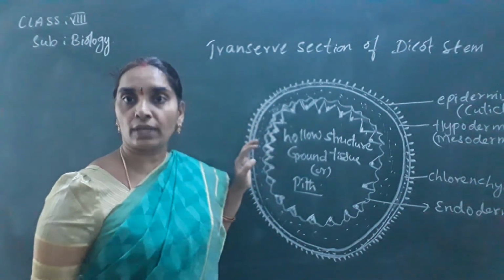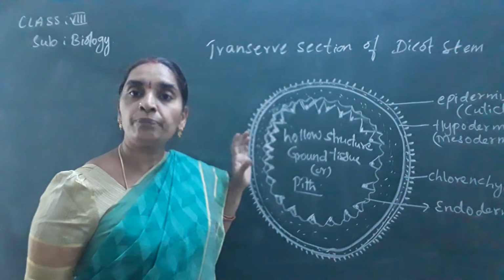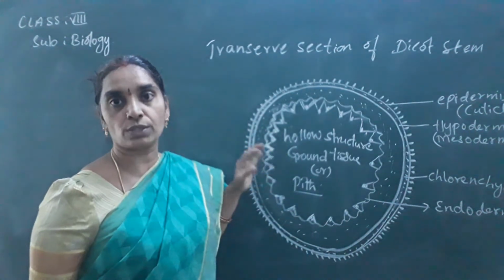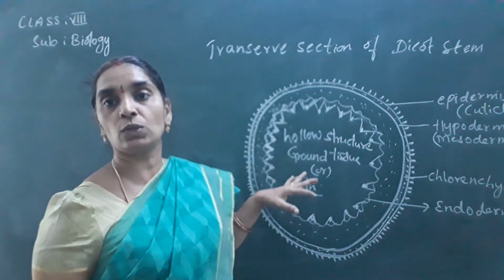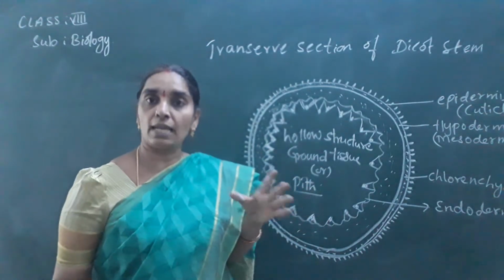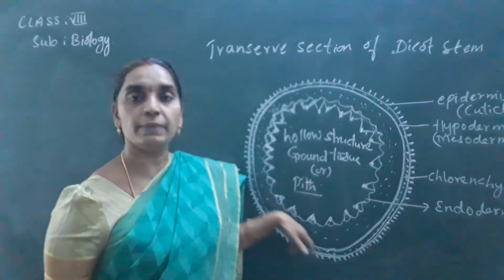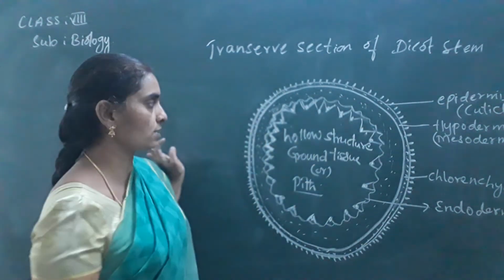Where the plastids are arranged, they contain the chromoplasts and chloroplasts also. Chromoplasts are colorless, whereas the chloroplasts are green in color, which help in the preparation of food for the plant, and hence in this region of the mesodermal layer, the photosynthesis process takes place.